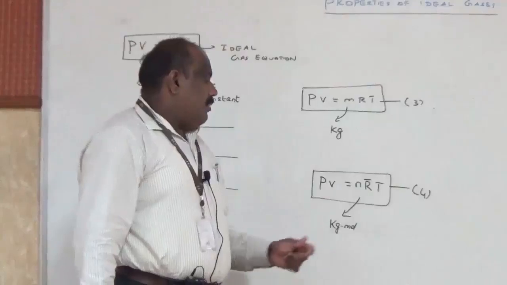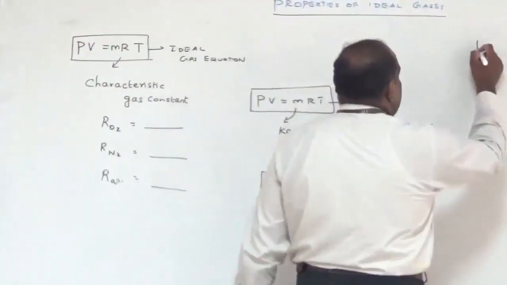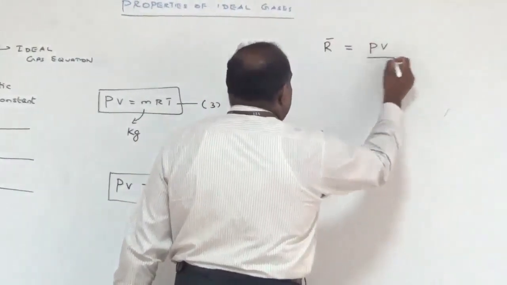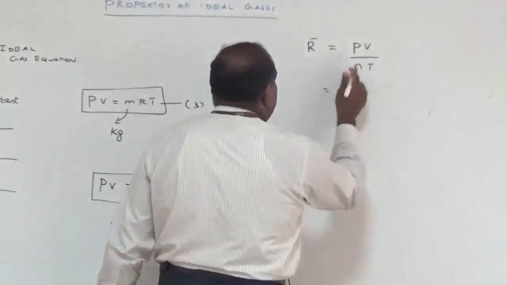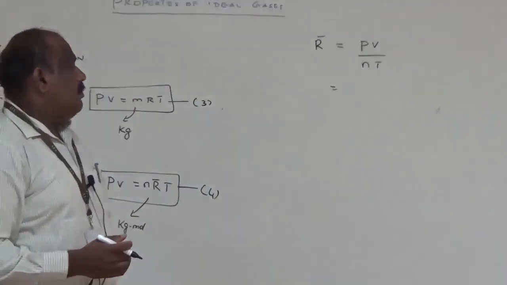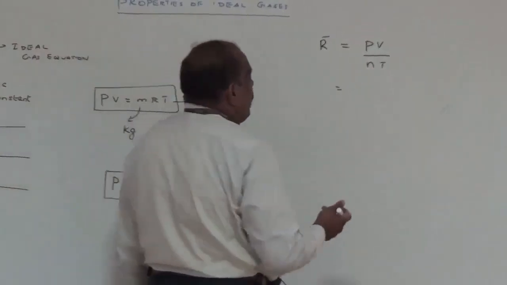Now let us derive the unit of R bar, which is nothing but the universal gas constant. From equation 4, R bar will be equal to PV by NT. P into V is nothing but work done. The unit of work done is joules, which is also similar to the unit of energy.